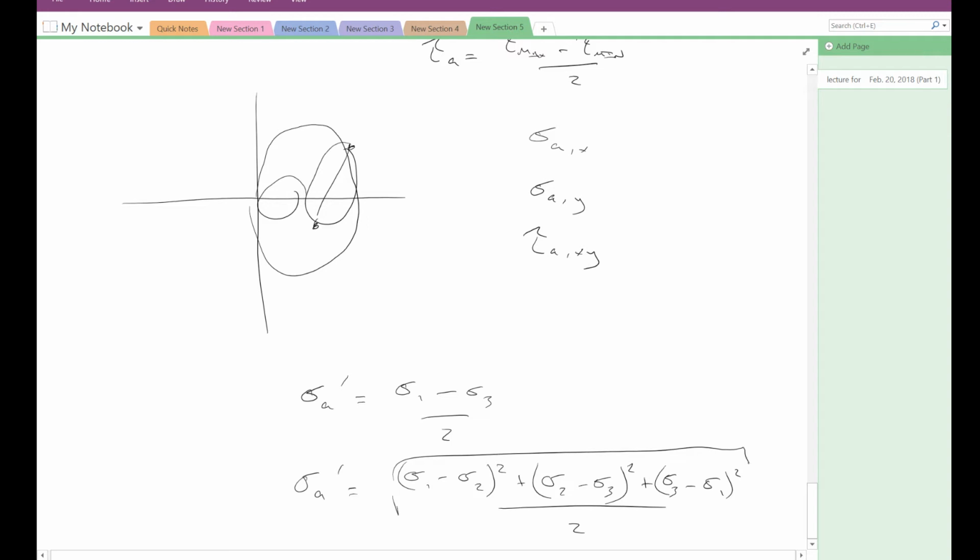Pick one or the other, right, where these are sigma 1, sigma 2, and sigma 3.